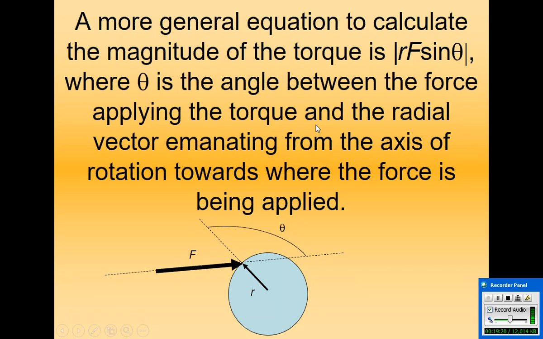For instance, if you're pushing on a door, R points from the hinges along the length of the door to the location at which you're pushing. If I'm trying to spin a cylinder by pushing on the rim of the cylinder, R starts from the center of the cylinder's rotation, its axis of rotation, and points out to the location where I push. The angle between the direction of F and the direction of R is theta.